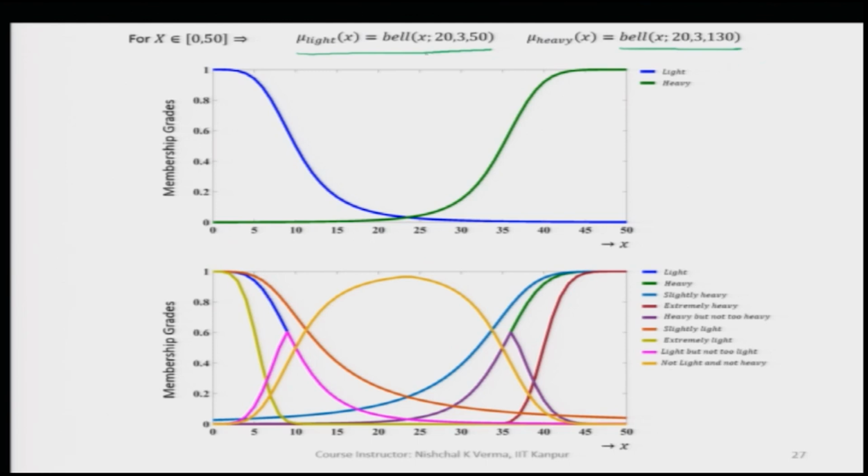You can see here in case of light we have 2350 and in case of heavy we have 23130. So, this fuzzy set is for heavy, and this fuzzy set is for light.